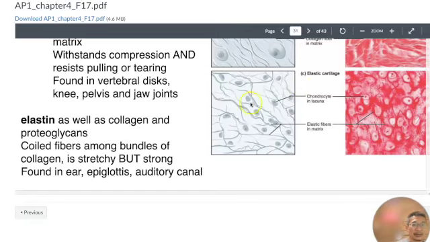Elastic cartilage has something called elastin, as well as collagen and proteoglycan. It is rigid but elastic at the same time, like your earlobe found in your ear, and the epiglottis in your throat.